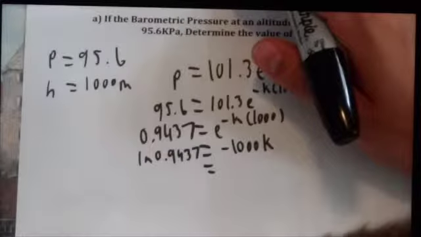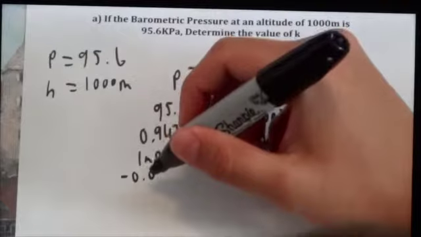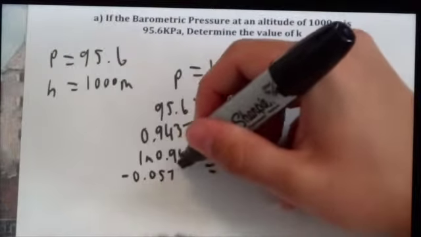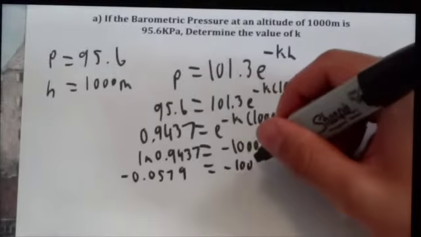We take the ln of 0.9437 and we get negative 0.0579. And on the other side, we just have negative 1,000 k.